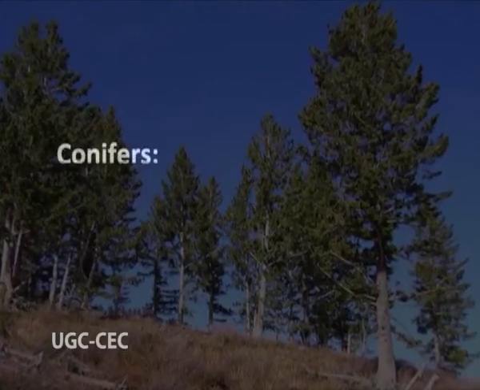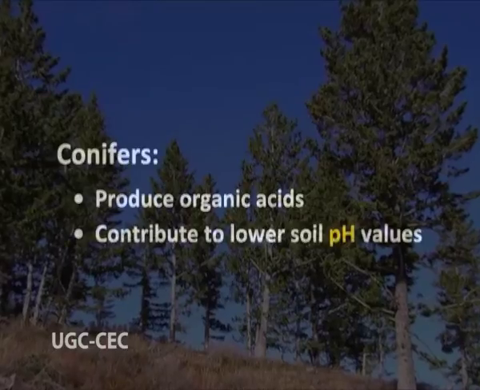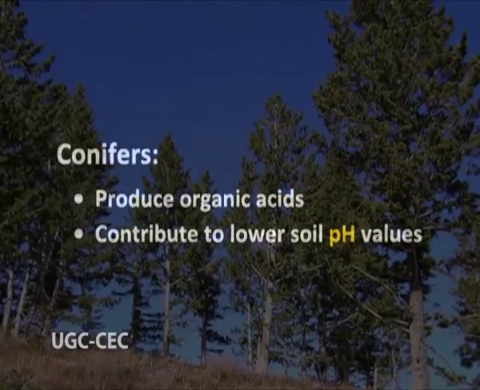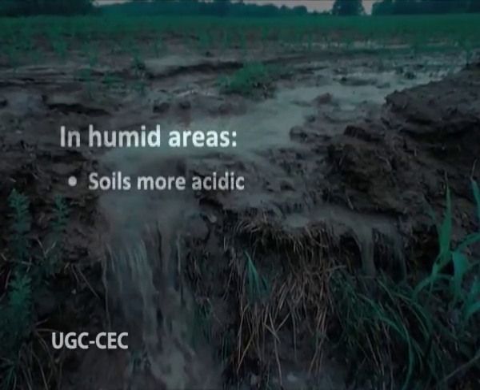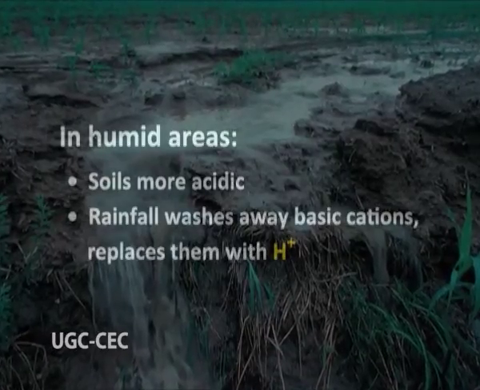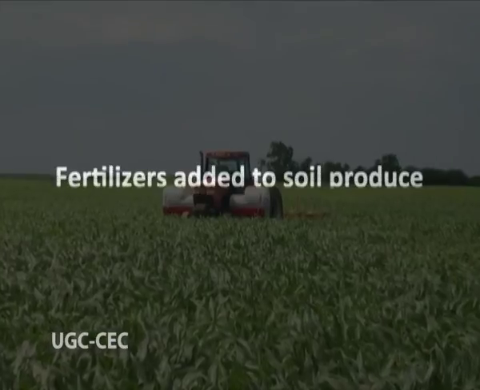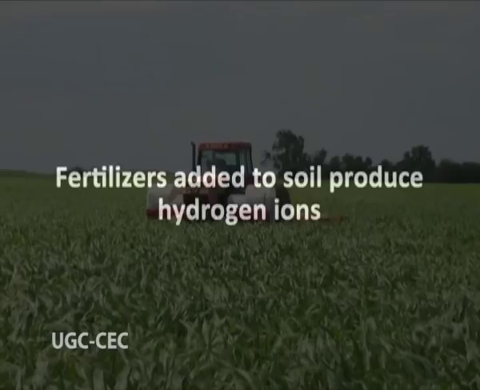Some types of vegetation, particularly conifers, produce organic acids which can contribute to lower soil pH values. In humid areas, such soils tend to become more acidic over time because rainfall washes away basic cations and replaces them with hydrogen. Addition of certain fertilizers to soil can also produce hydrogen ions.